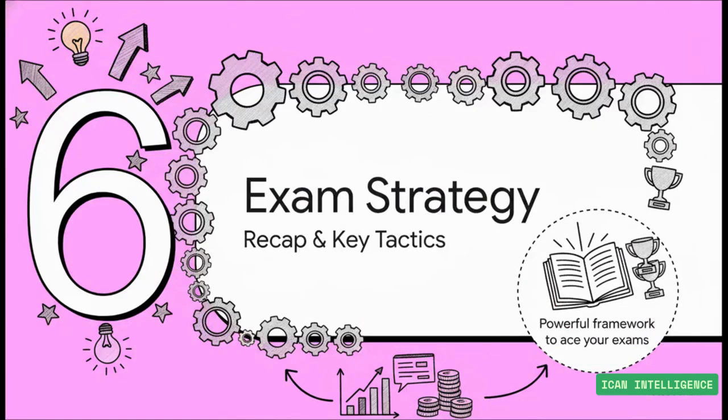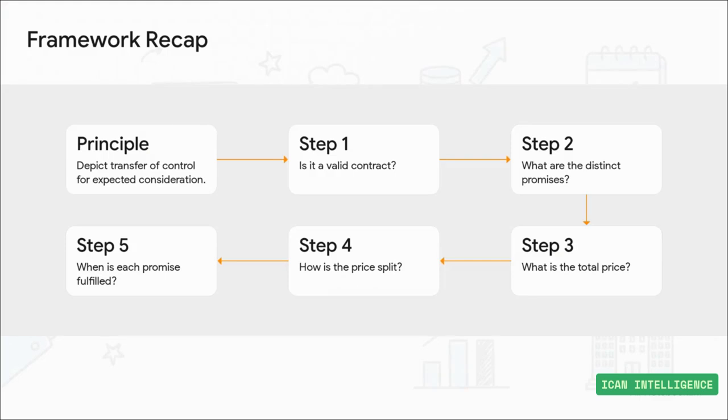Whew, okay, we have been through a lot. The core principle, all 5 steps of the model. Now let's pull it all together. Let's build that mental framework that will let you walk into your exam and absolutely nail any IFRS 15 question. Just look at how beautifully this flows. It's a story. You start with the main theme, the core principle. Step 1 asks, do we even have a story to tell?